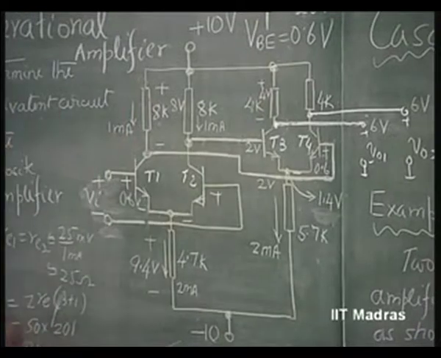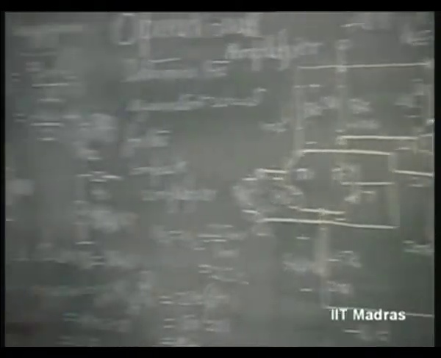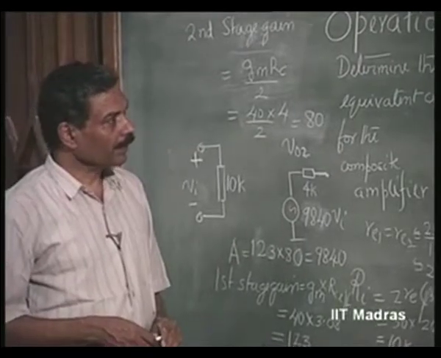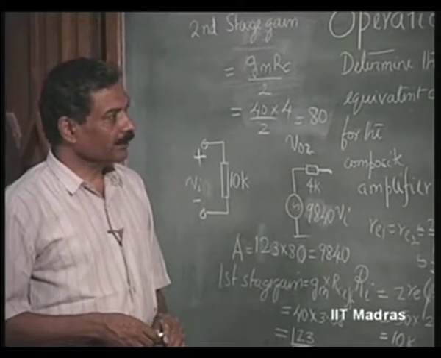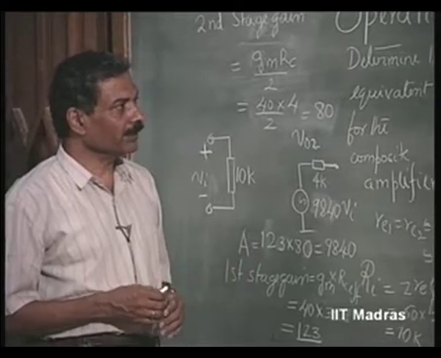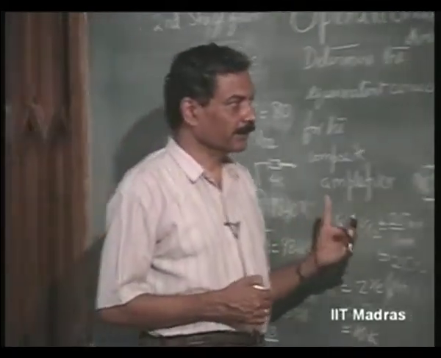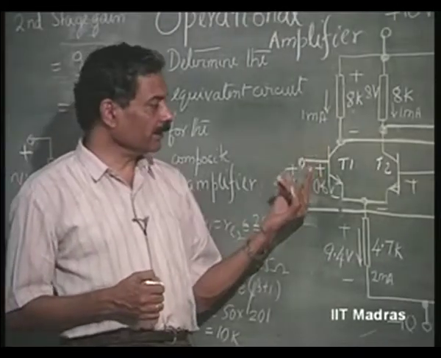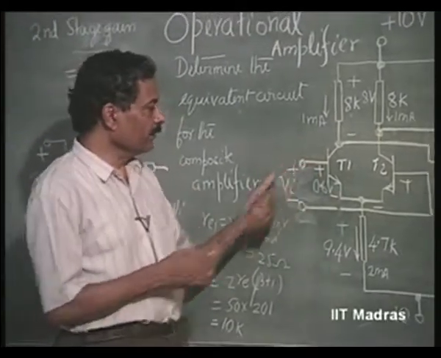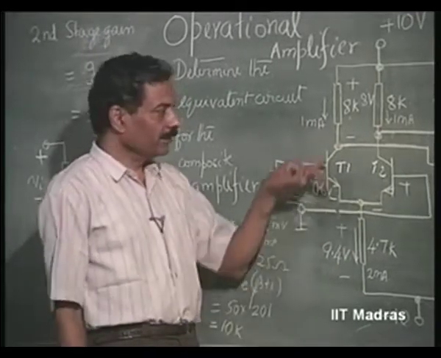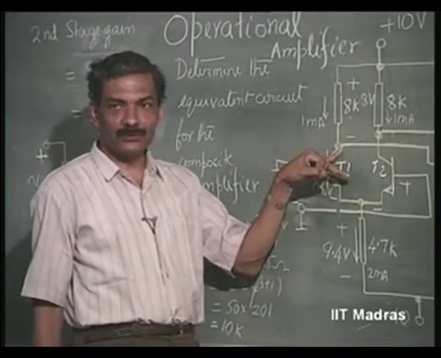So, this amplifier design really tells us something about the problems associated with the design of op amps. Let us now consider that this is at 0 volts, let us say common mode voltage is 0 volts. Then this is at 2 volts.